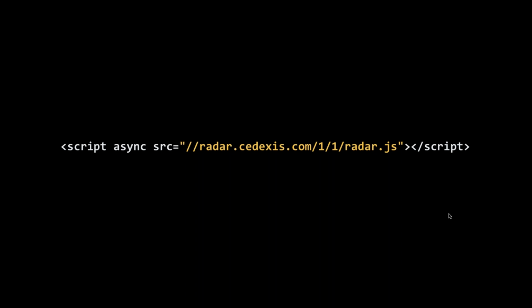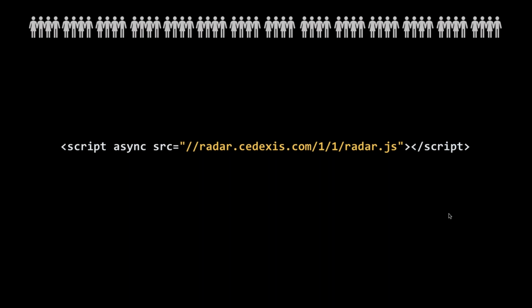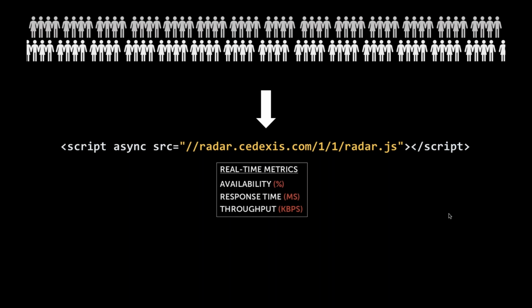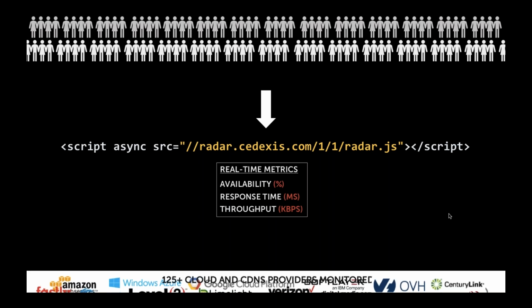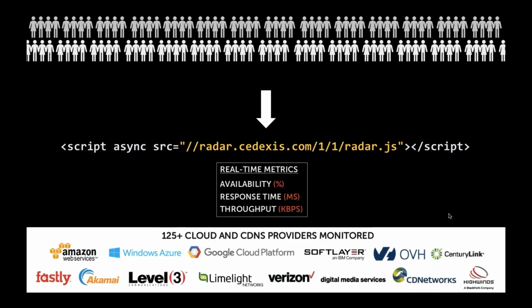It's a simple line of JavaScript that is deployed on most of these sites, or it can be on mobile apps. And what this script does is trigger proactive measurements on the major platforms, so on major cloud platforms, CDNs and data centers for some of the customers.